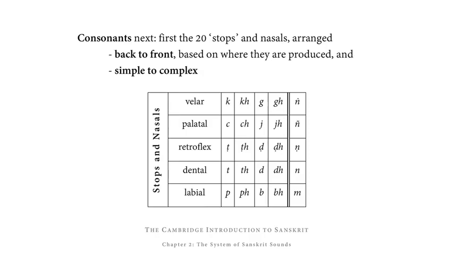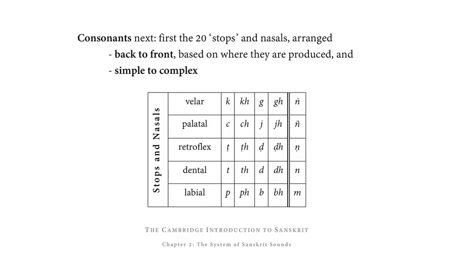Within these stops we again go from back to front and from simple to complex. So the first five in this list are k, kh, g, gh, and ng. They are pronounced all the way at the back of your mouth. They're called velar because they're pronounced close to your velum, which is at the back top of your mouth.